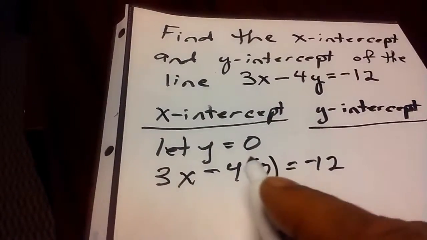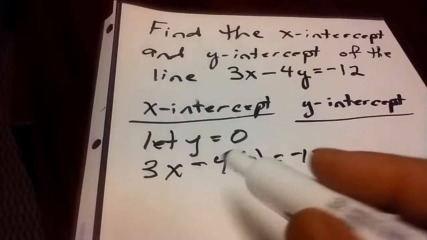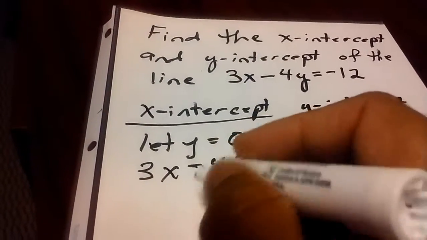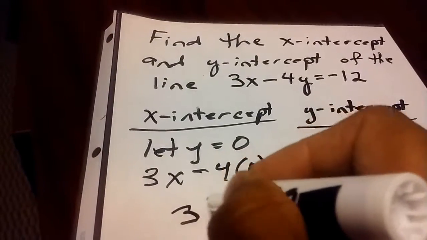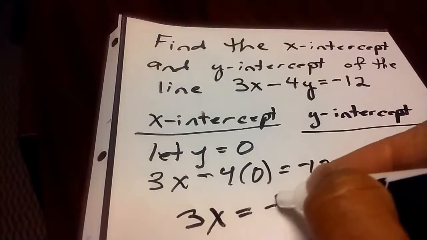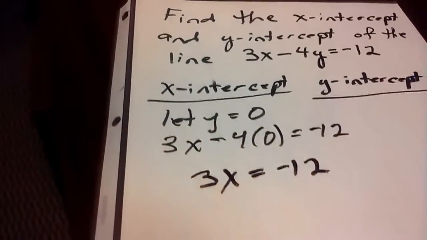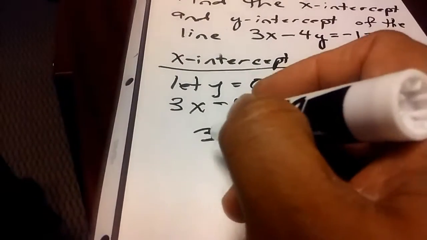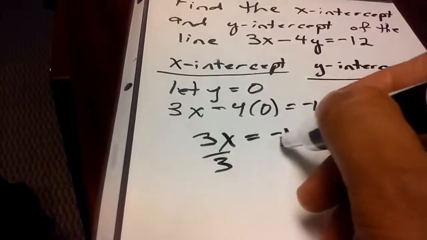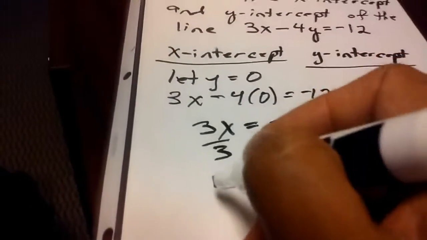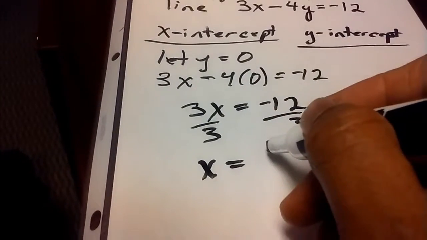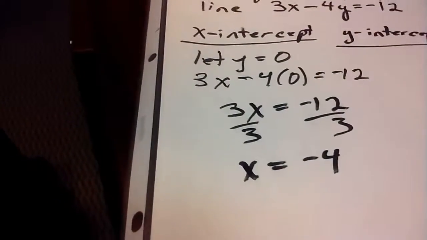And we know negative 4 times 0 is 0, so that will go away. This leaves us with 3x equals negative 12. Then we divide by 3 to get x by itself, so x equals negative 4.